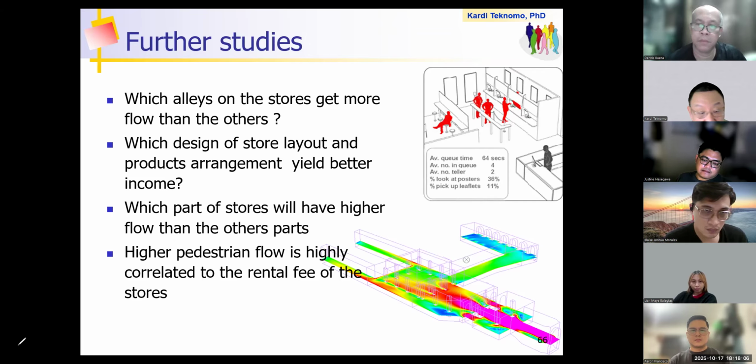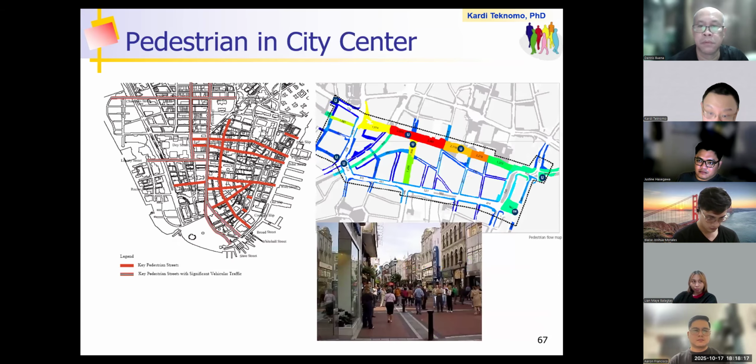And correlation with the rental fee, for example, of each alley. This is what the business owner usually wants. This is a similar study in the center of London, I think. They use similar pedestrian studies.